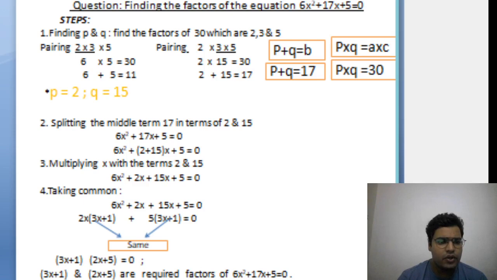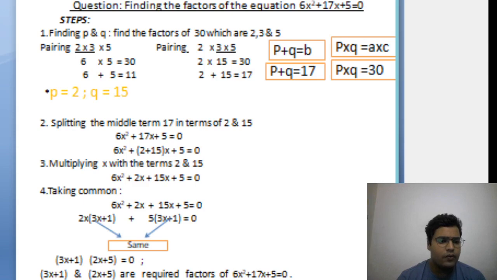So now we have seen these two brackets to be the same. From the four terms, we have reduced the equation to only these two terms, and even in these two terms we are left with a common term 3x plus 1 in both. So we take the common 3x plus 1 from these two terms, and we are left with 3x plus 5, another bracket, equals 0.